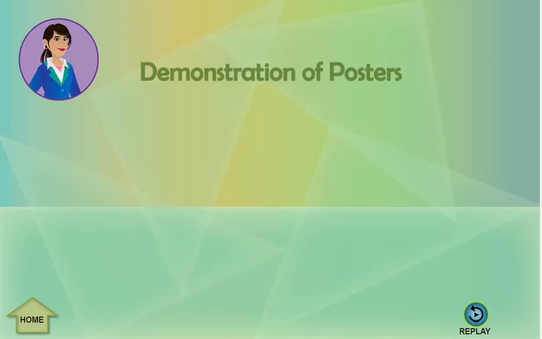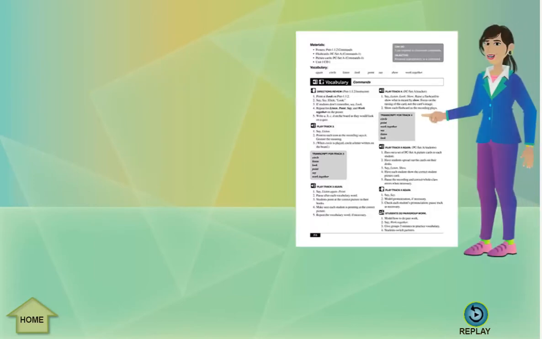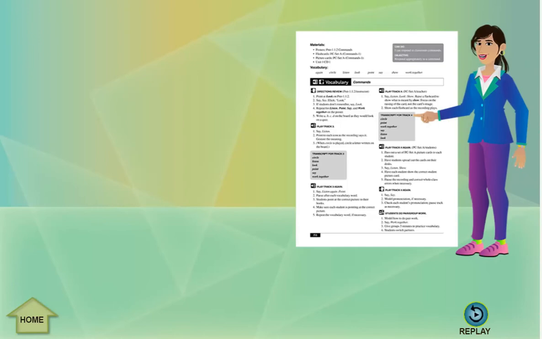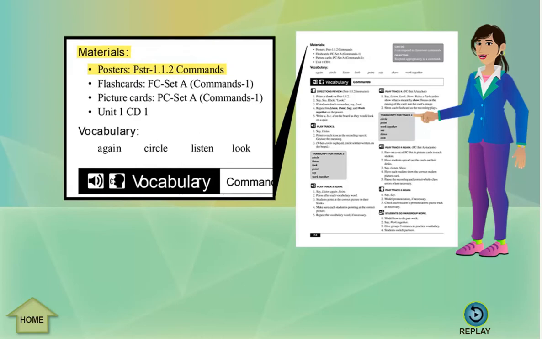Let's talk briefly about how posters are used in the Fundamentals course. The instructor page lists the materials needed for the lesson. For this lesson, the instructor will need PSTR 1.1.2 commands. Before the lesson, find the poster and attach it to the wall if possible.